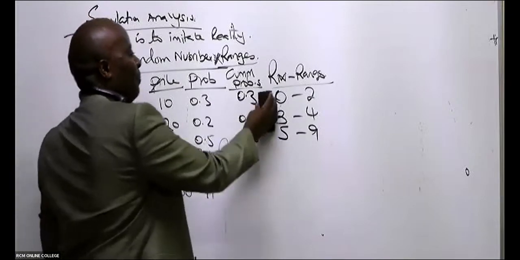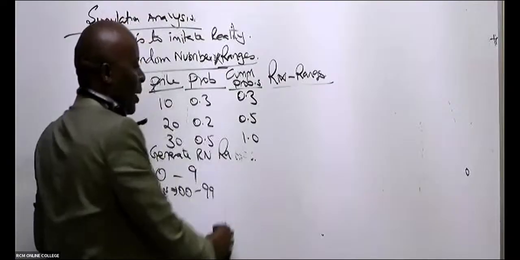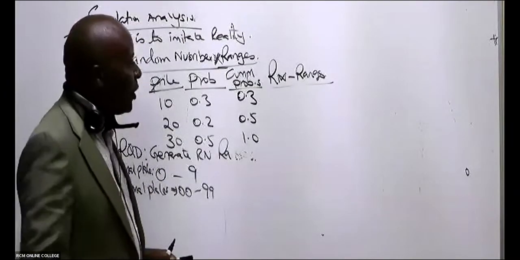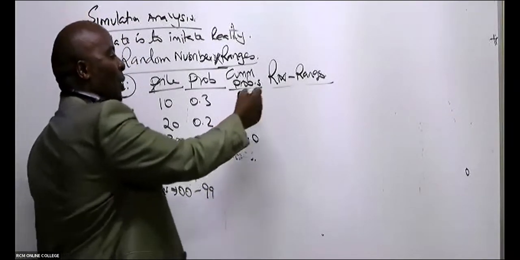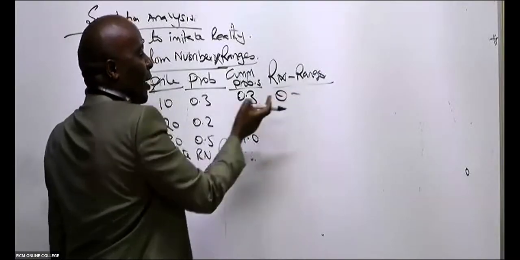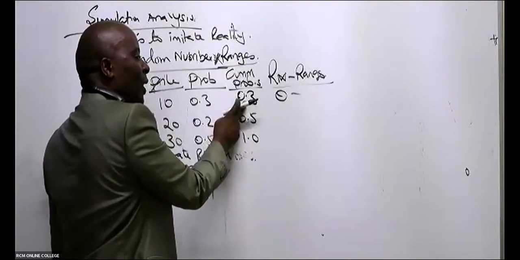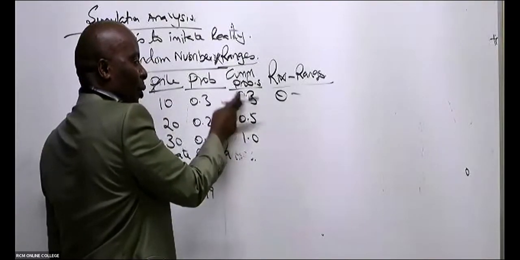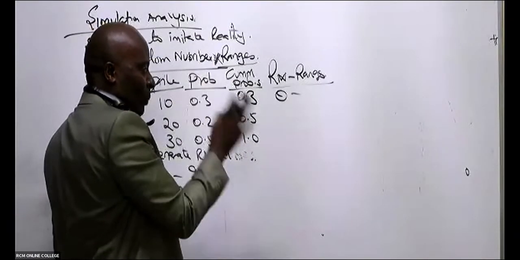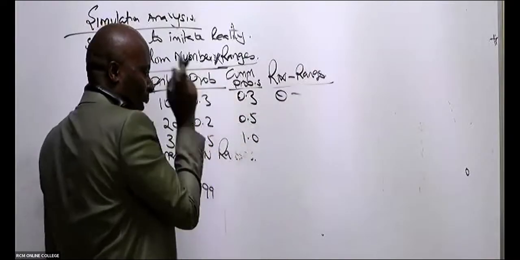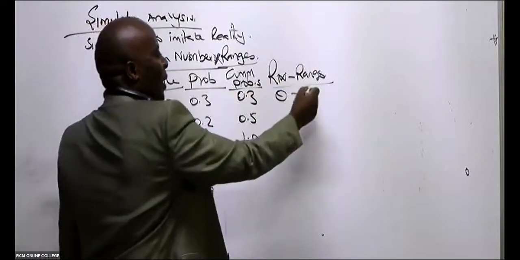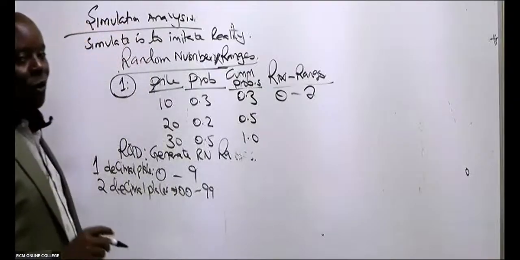Let me repeat this. How do we get these random number ranges? To get these random number ranges, ladies and gentlemen, you have to begin from 0. Then for the upper limit, you read it from the cumulative probabilities as if it's a whole number. It's 3. To get that upper limit, we always take this number minus 1. So 3 minus 1 gives me 2. Then we go to the next class.